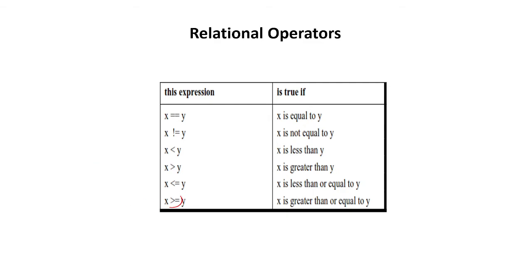Likewise we have greater than or equal to, x is greater than or equal to y. If x is 5 and y is 4, then this condition is fulfilled. And if x is 5 and y is 5, then this condition is fulfilled. Means if either of these conditions is fulfilled, then our condition is true.